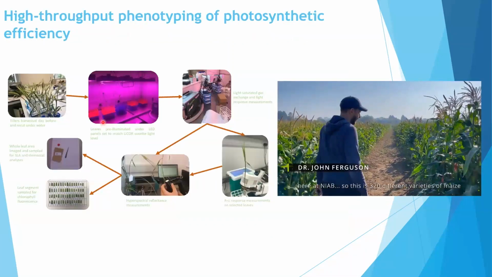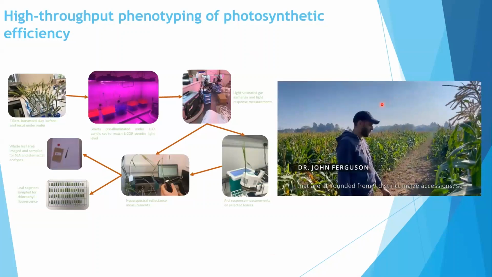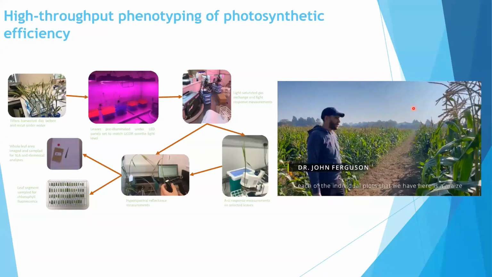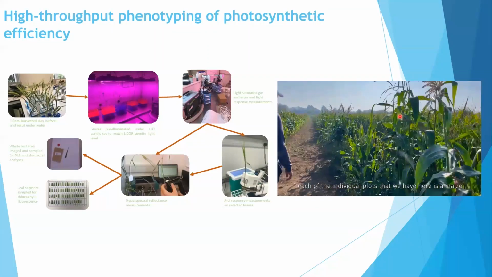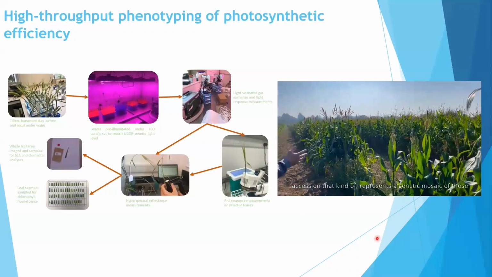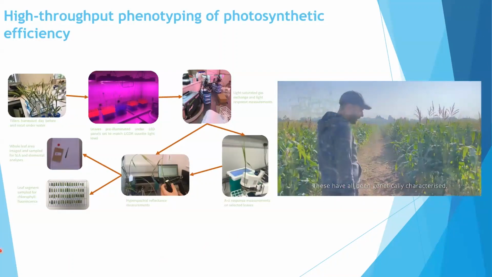And this gives me a nice opportunity to share this cool video we did over the summer. And eagle-eyed among you will see this isn't barley, this is maize, but we have our maize field trials and barley field trials running side by side.